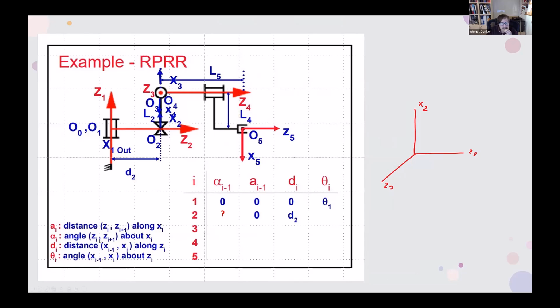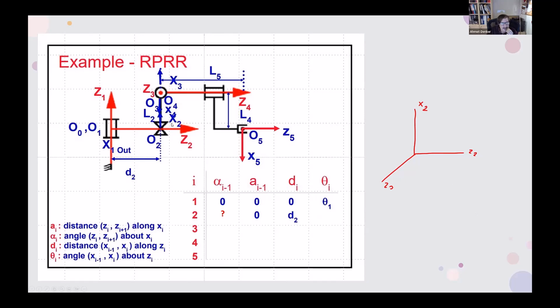This question: the angle between Z2 and Z3, along X2.